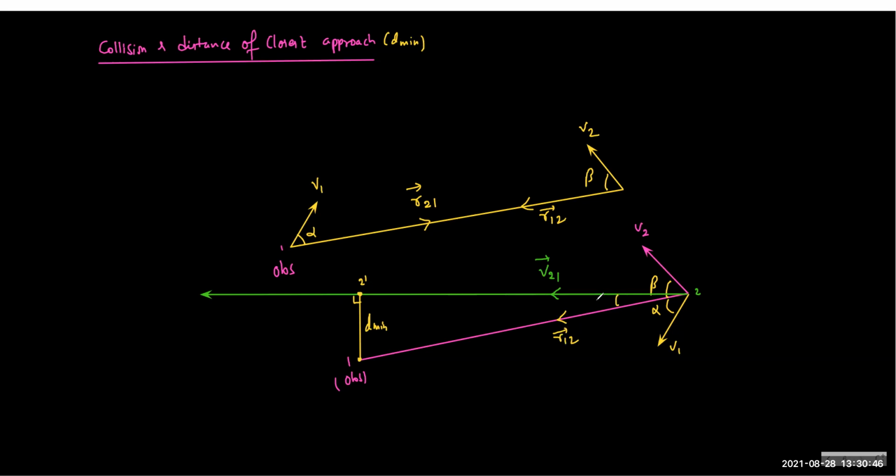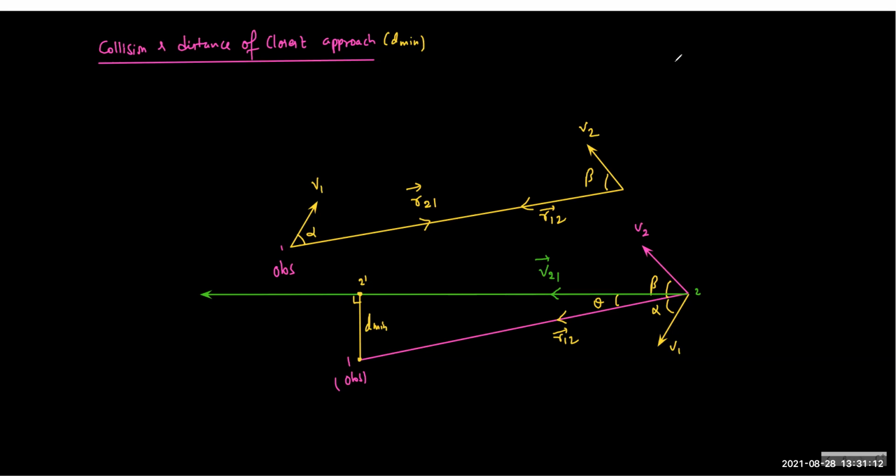Can we see this angle as theta? If you take the mod of R12, that is the distance between 1 and 2. So can you find the D minimum in terms of theta and R12? If you look carefully, it's very easy.